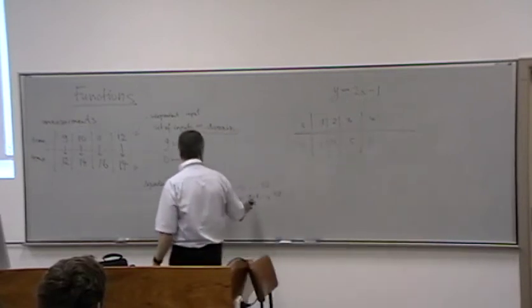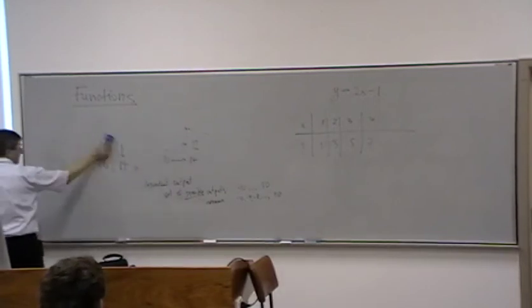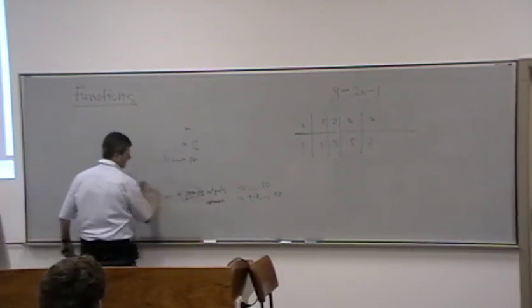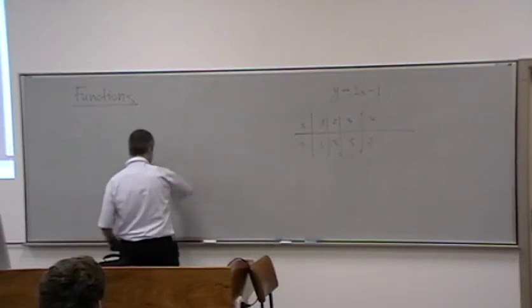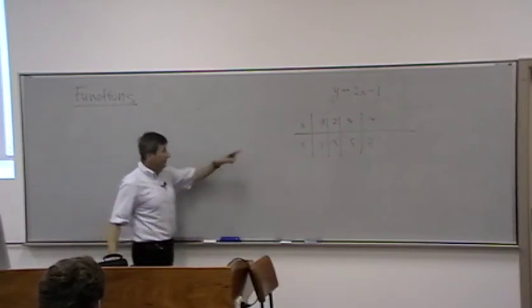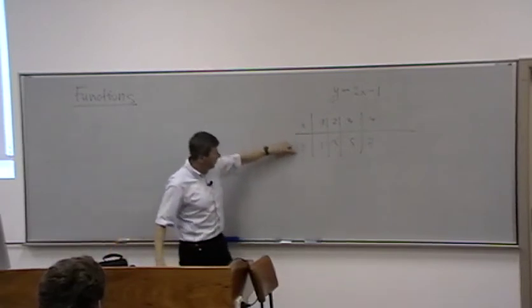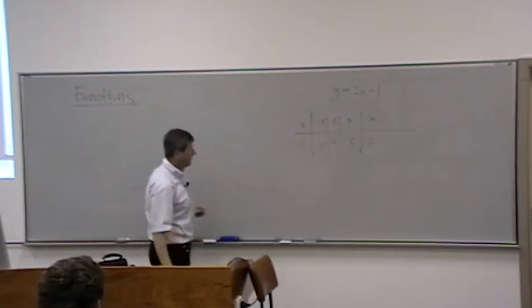A very important and useful way to look at a function is by its graph. As I said, a function has always pairs of input and output, input and output, input and output.